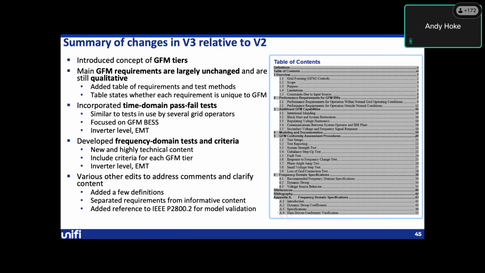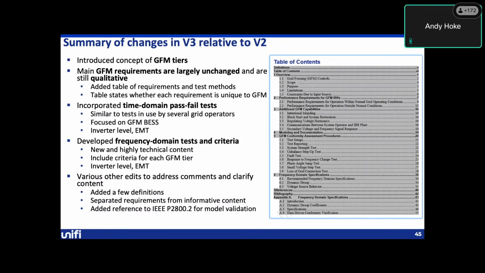It has to inject a certain amount of active power within a certain amount of time. That's an example. So there's a set of tests like that. And those tests are actually very similar to those that are already proposed or in use by different folks in industry like ERCOT, MISO, AEMO in Australia as well has used some similar tests. So we've incorporated a version of those tests into the document.